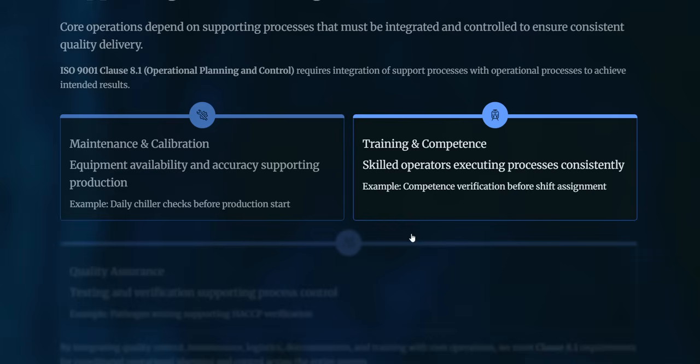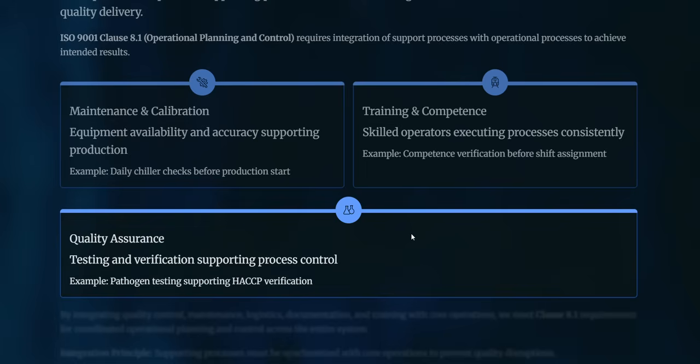An example is competence verification before shift assignment. The third integration is quality assurance by ensuring testing and verification supporting process control. An example is pathogen testing supporting HACCP verification.